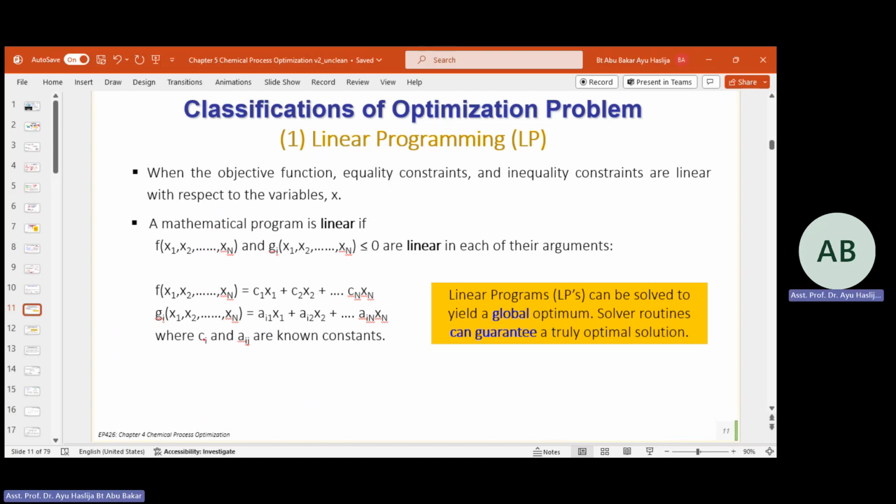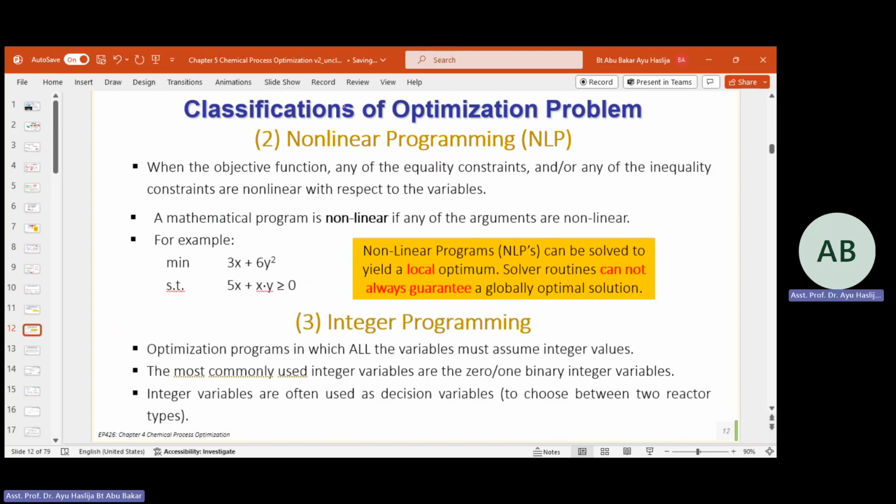Classification of optimization problems. There are 5 optimization problem classifications, the types. We have linear programming, the LP, where the mathematical program is linear. That's why it's called linear, LP, linear program. Another one is non-linear.